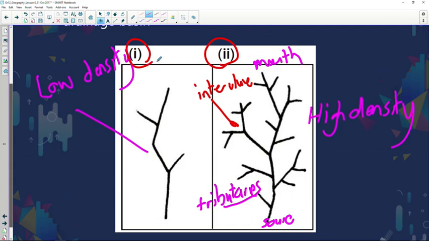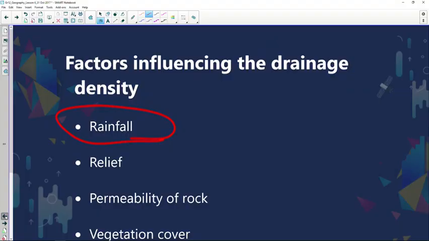So there's not much water with the low density as in a high density. So if a drainage basin's got a high density, it means it's got more water, more surface runoff, and even more infiltration, depending on the following factors. And we already discussed them, and they're very similar to the ones that we discussed influencing direct and indirect runoff. The amount of rainfall.